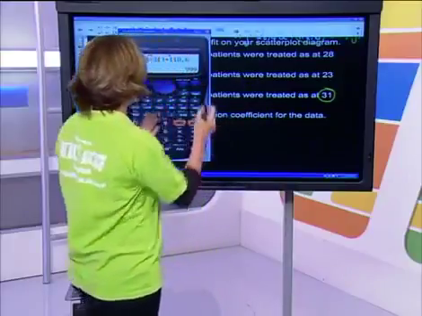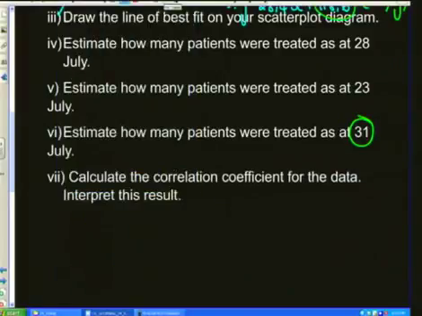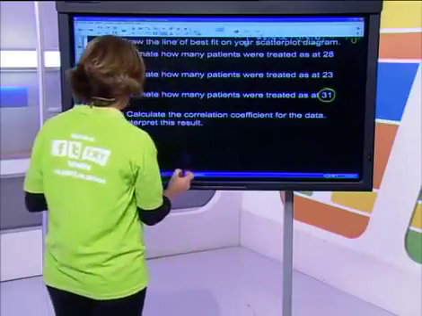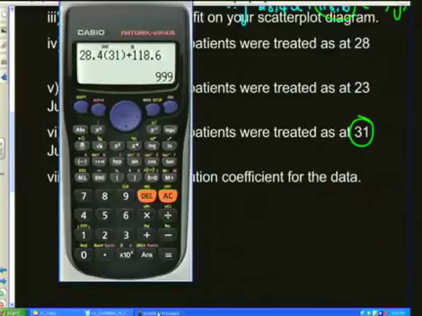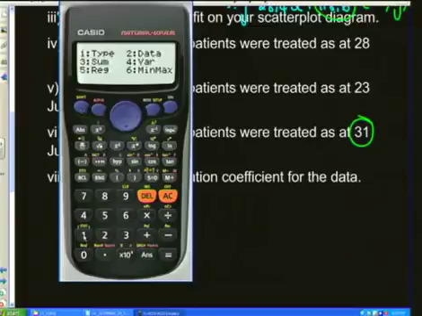Now let's see how close this correlation is. We want to determine, is it a moderate correlation? Is there some kind of relationship between the weather getting colder and more people getting flu? Or is there quite a strong correlation between the two? So we go back to our calculator and press AC, Shift 1. Remember, we've already entered all of this data, so you don't have to do it again.